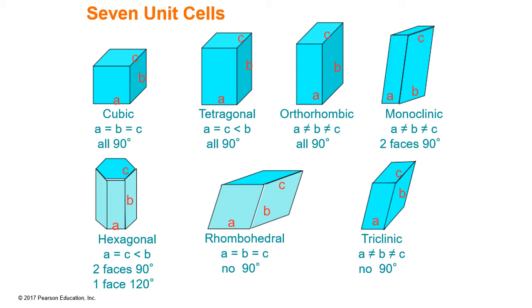There are many different types of unit cells. The one that we're going to focus on is the cubic unit cell, in which all of the sides are equal in length and all of our angles are 90 degrees.